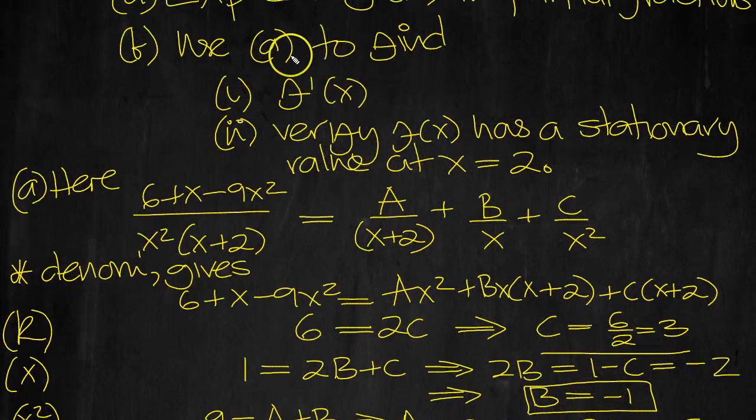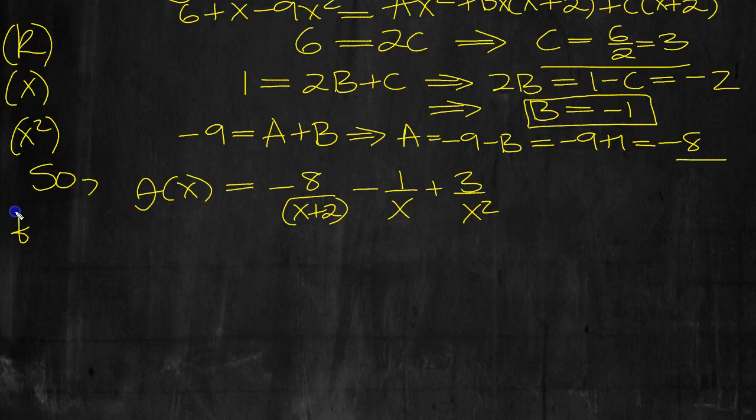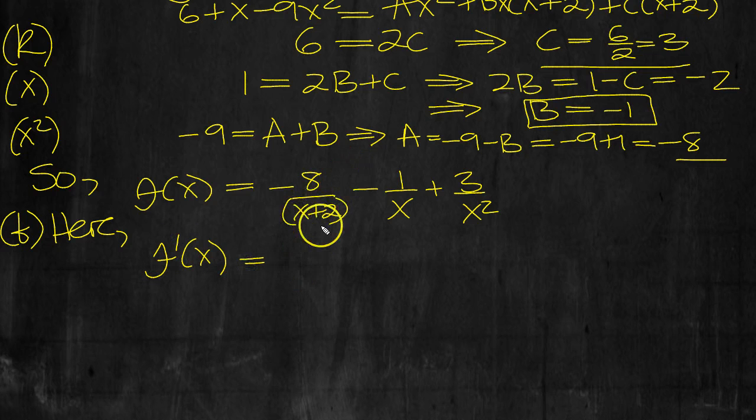Now part B, use A to find f'(x) and verify f(x) has a stationary value at 2. So let's differentiate then. So here differentiating gives f'(x) then. This is something to the minus 1, so the minus 1 comes to be with the minus 8. Multiplied by the something to the 1 less in power, so it's minus 2, isn't it? And we can write that like so.